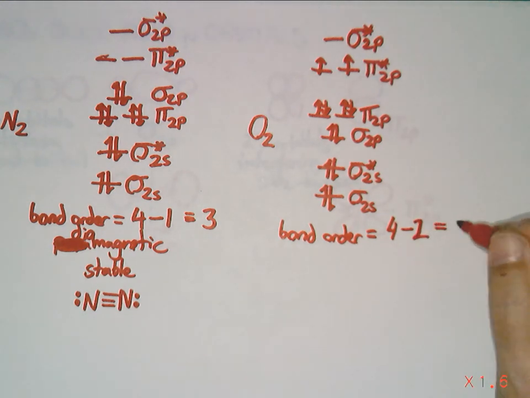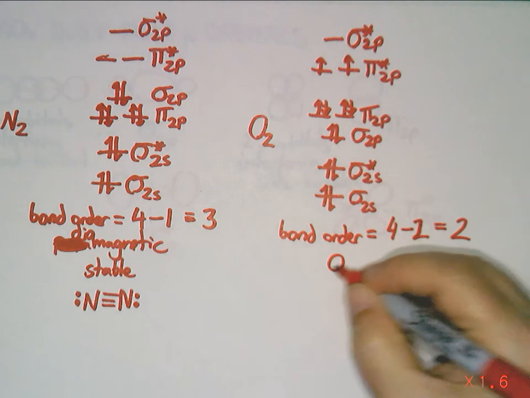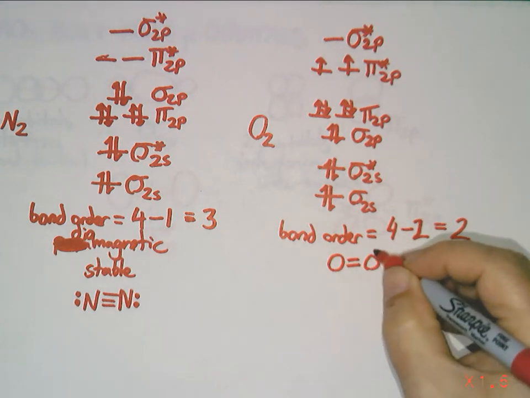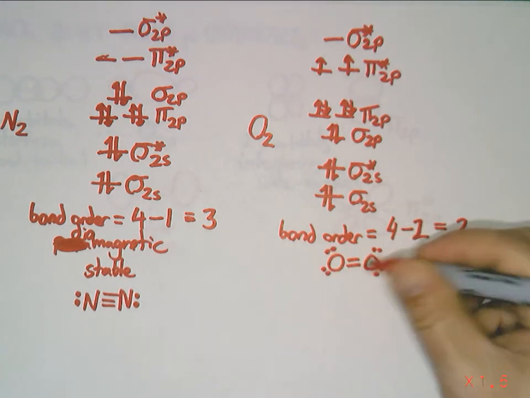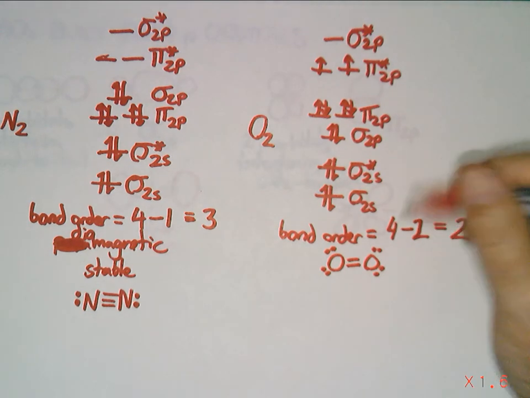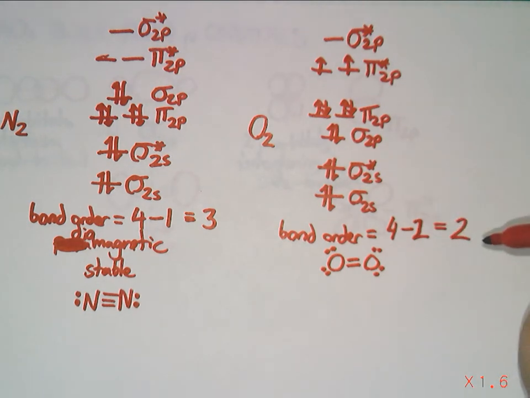So I would expect there to be a bond order of 2. I would predict a double bond from molecular orbital theory between the 2 oxygens. And that kind of tallies with what the Lewis theory says. Here's the Lewis structure that we drew for the O2 molecule. It's got a double bond in it. So the molecular orbital theory and the Lewis theory agree that there's a double bond in there.